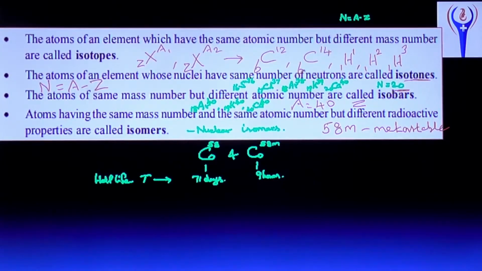Cobalt-58 has a half-life of 71 days, and cobalt-58m has a half-life of 9 hours. Half-life is one of the important radioactive properties. So cobalt-58 has 71 days, and cobalt-58m has a different half-life. So this is the best example for nuclear isomers or radioactive isomers.